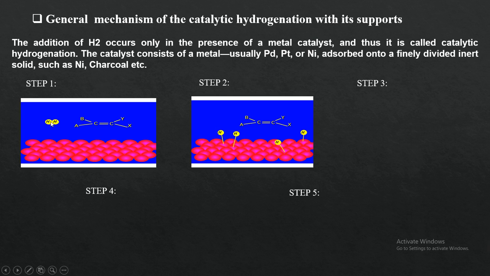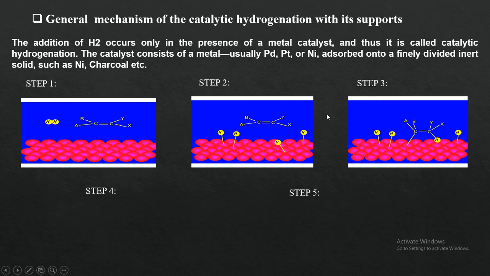In step 1 they are in a sigma bond, but here it isn't. In step 3, you can see the pi bond interacts with the metal catalyst, weakening the bond. So the hydrogen is transferred from the catalyst surface to the carbon.